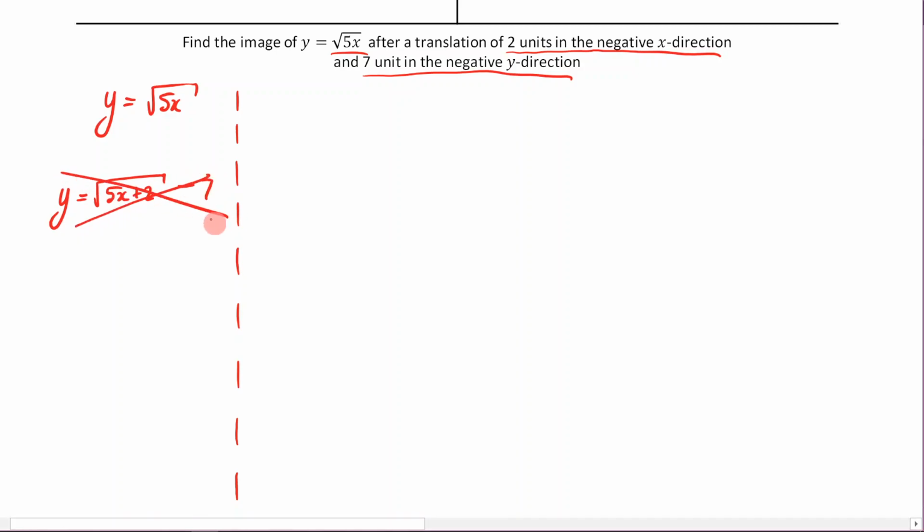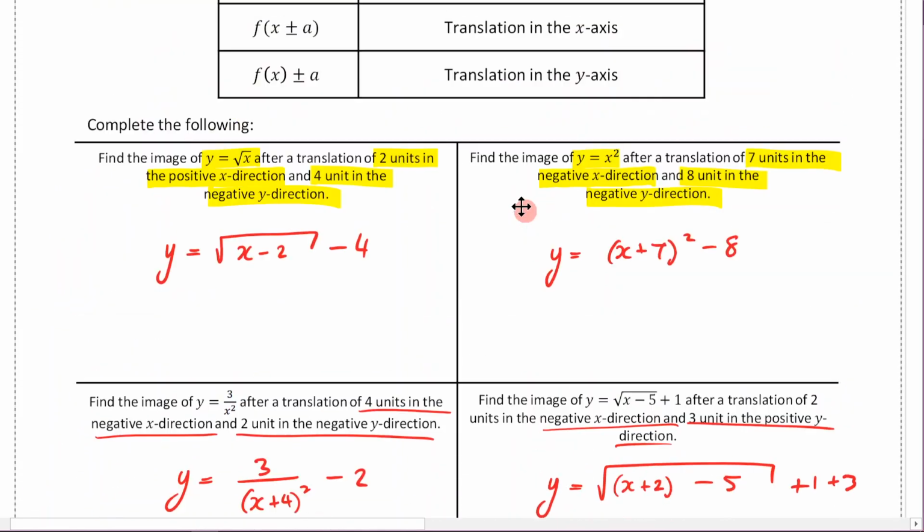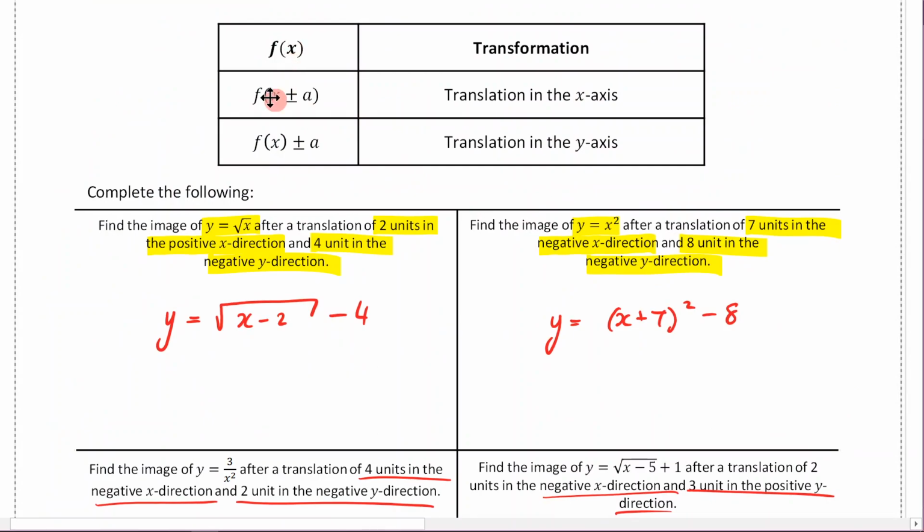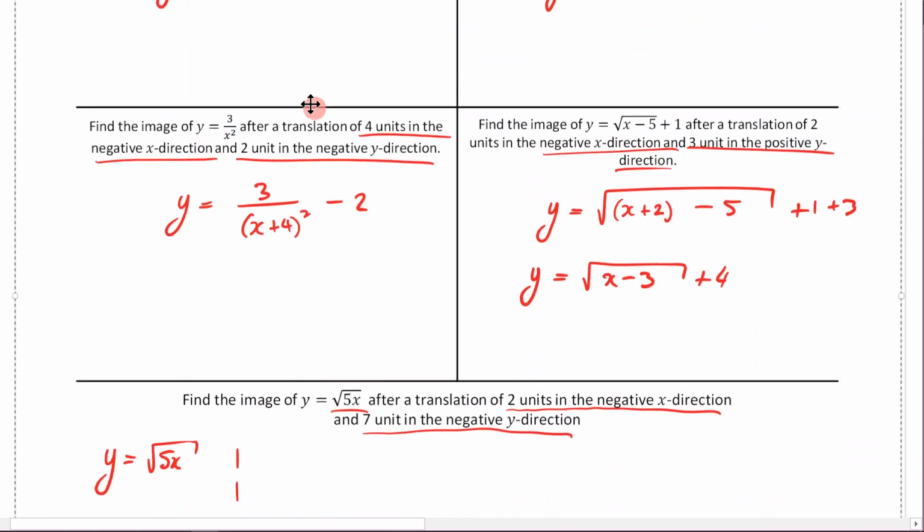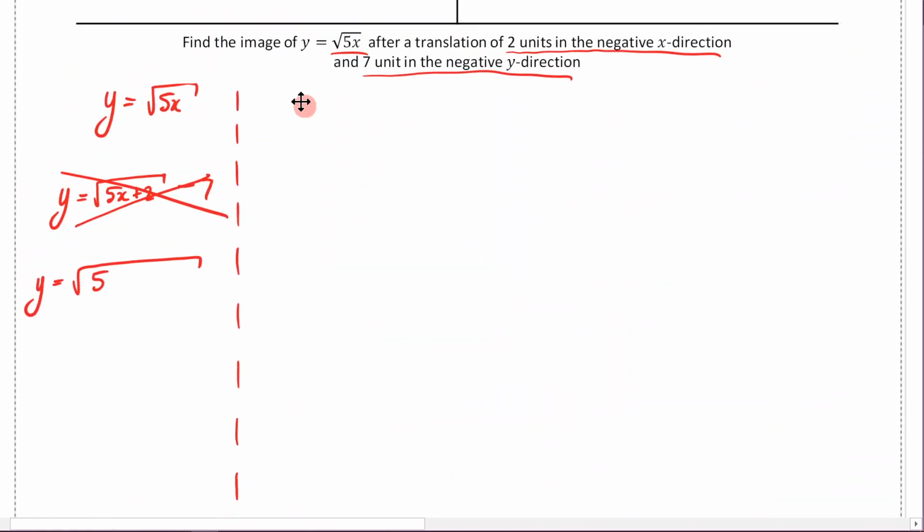Why is it wrong? Because remember, what you're doing here, let me just rewrite it. I've got this 5. What you're replacing x with is x plus or minus a certain value. So as we come back down here, what I'm replacing x with is x plus 2.